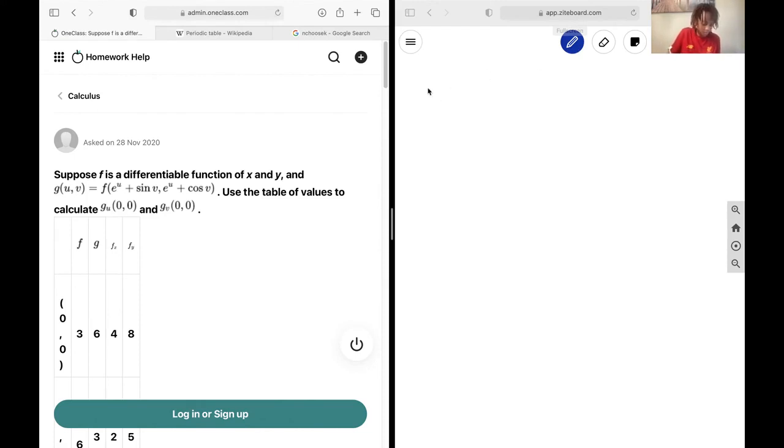How we're going to do that is we're going to note that these are partial derivatives, and the derivative of g with respect to u is going to be the derivative of g with respect to x multiplied by dx over du.